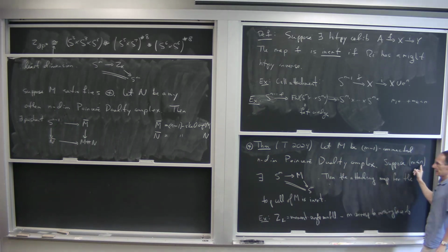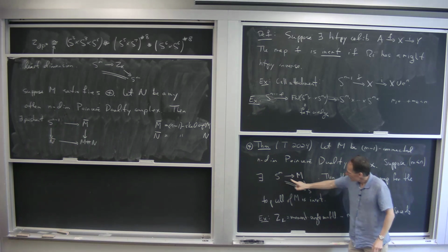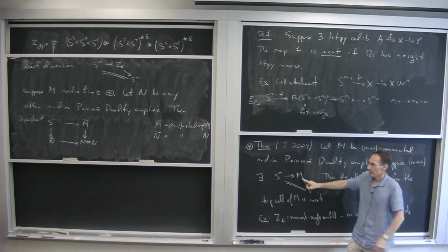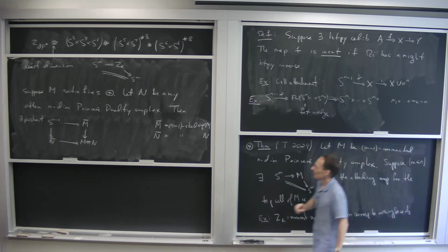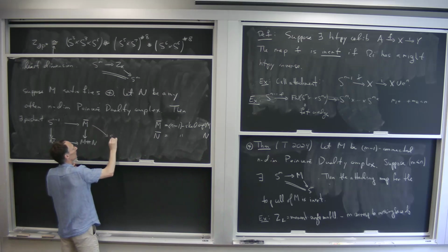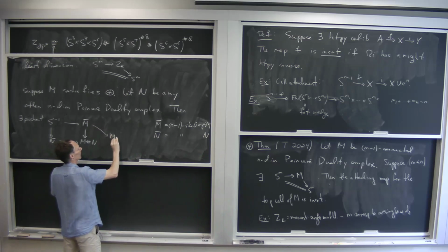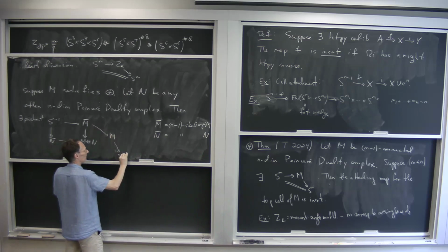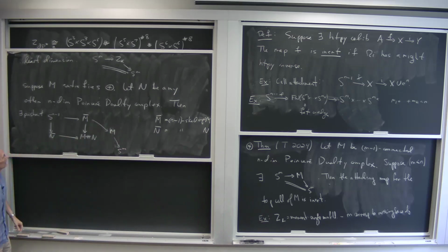So if M is less than N, the SM retracting off M means it will also retract off the n-1 skeleton. Right, so there's a map. Well, I could do it like this. I could look at that composite.